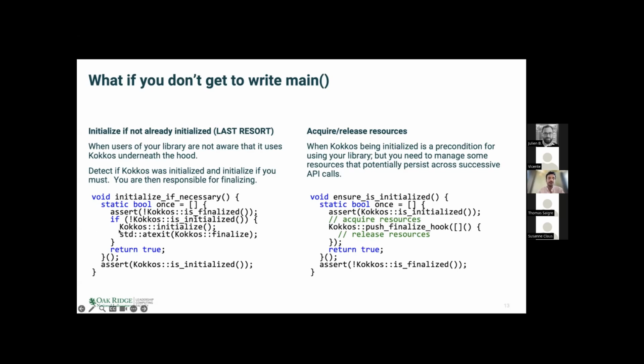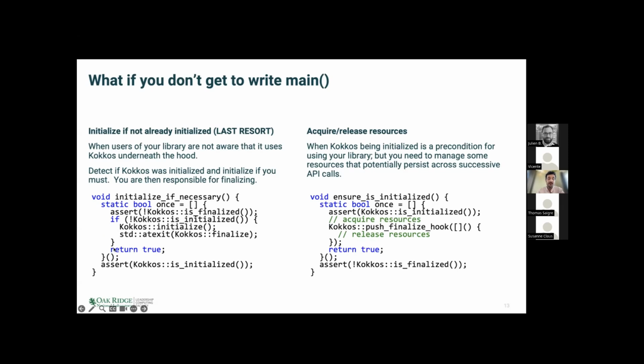And then this std::atexit thing is something from the standard library, which basically tells the C++ runtime that when your program exits, the last thing to remember is to finalize Kokkos. So basically, it's registering a call to Kokkos finalize to be called at program cleanup. The static variable is only going to be initialized by one thread, once.